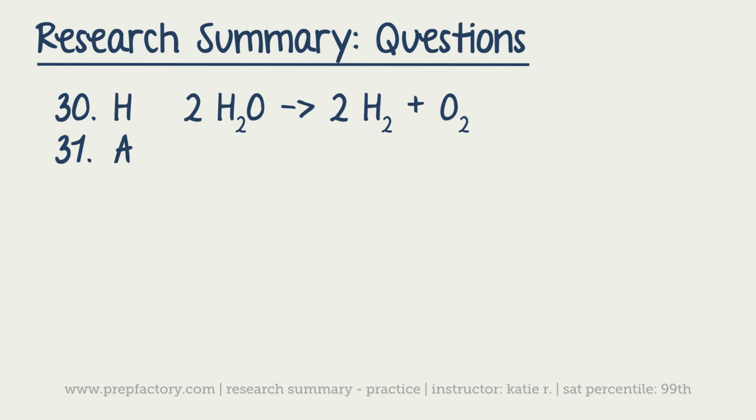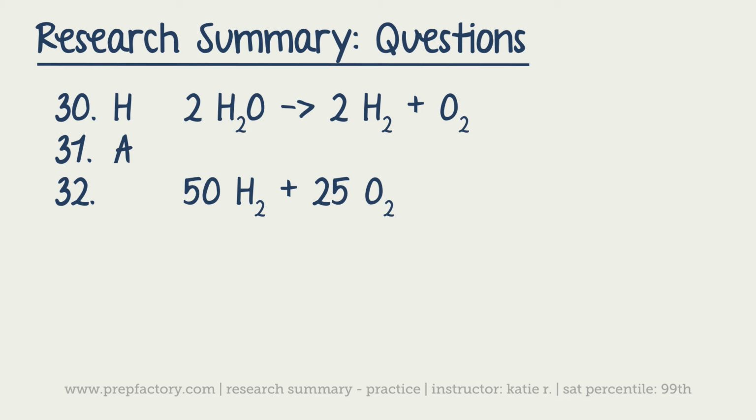Okay, next one is 32. If 50 milliliters of H2 and 50 milliliters of O2 were reacted using the procedure from experiment 1, the final volume of O2 would most likely be... Okay, so we said we need twice as much H2 as O2. So if we have 50 H2, then we would want to add 25 because that's half as much O2.